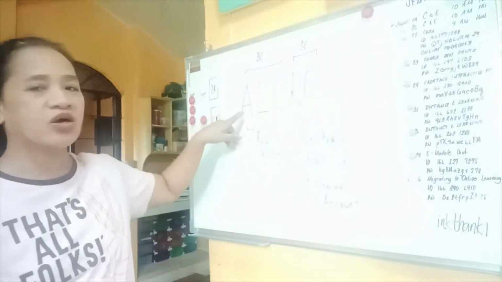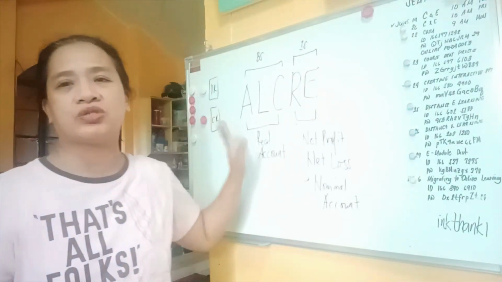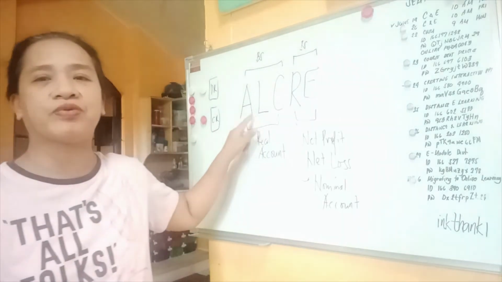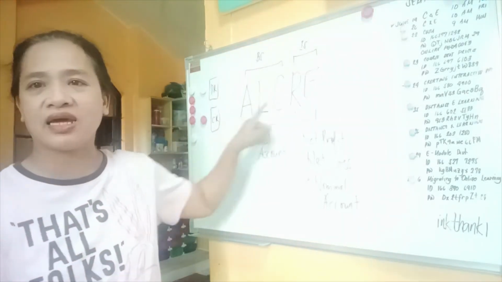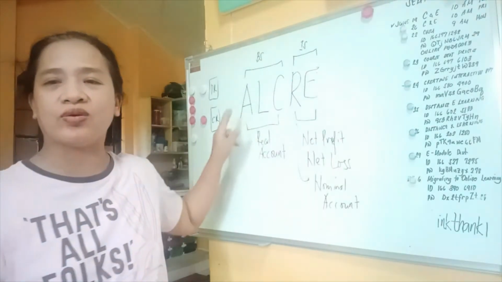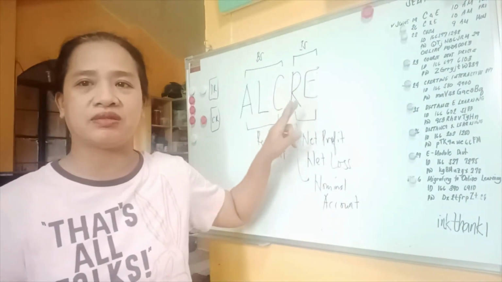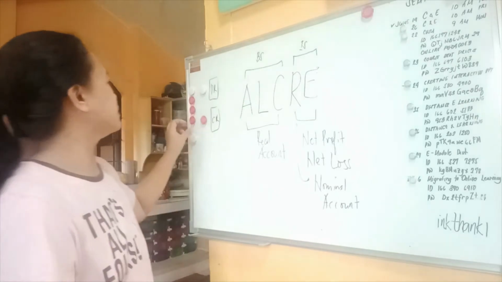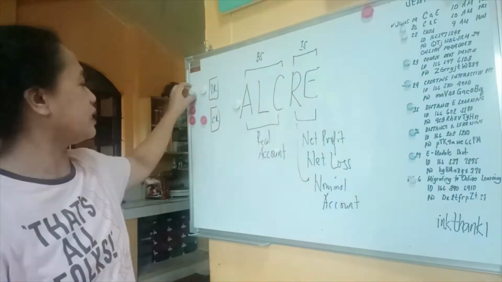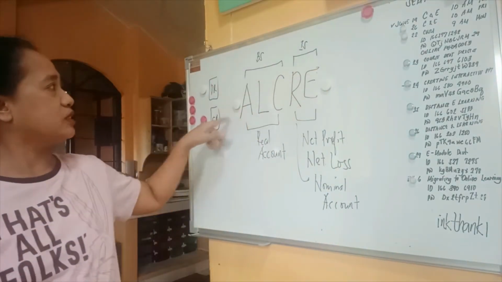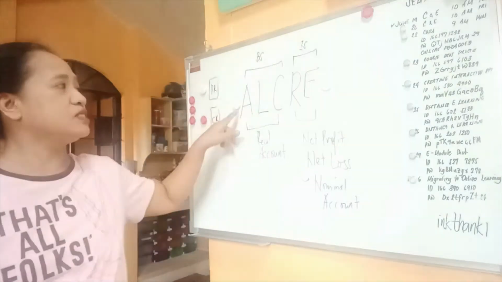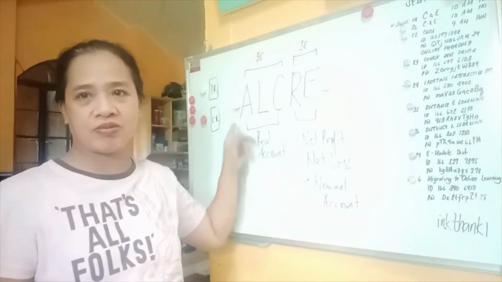Let's go with the extreme portion. Okay? The external portion. Asset and expense. So remember this. Original entry of asset and expense are debit. Okay? So we put white here so that you will know that these 2 accounts are debit.